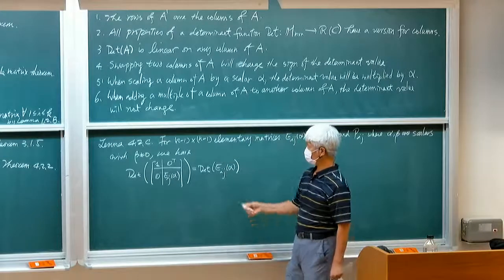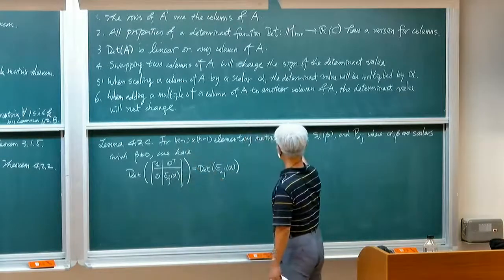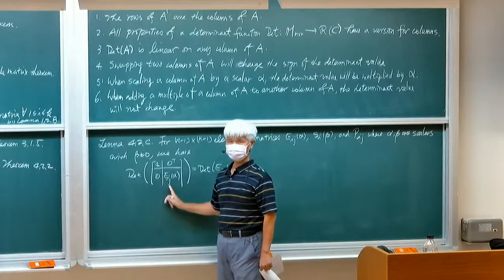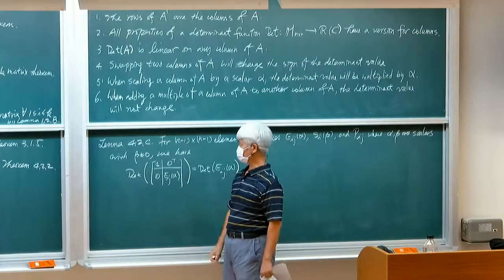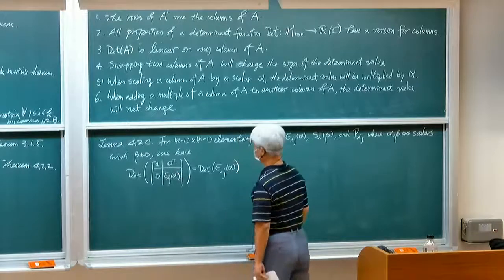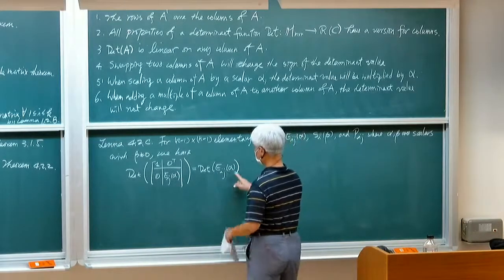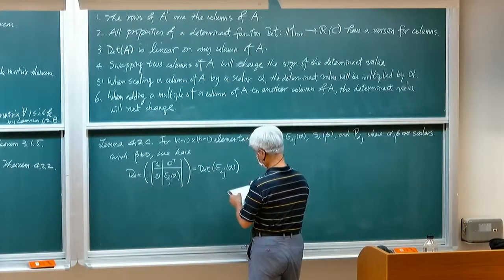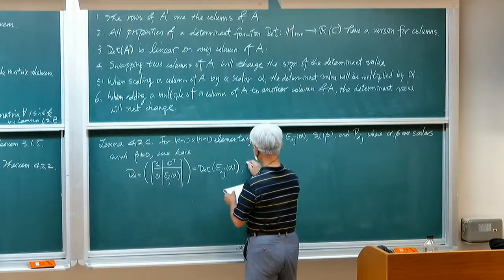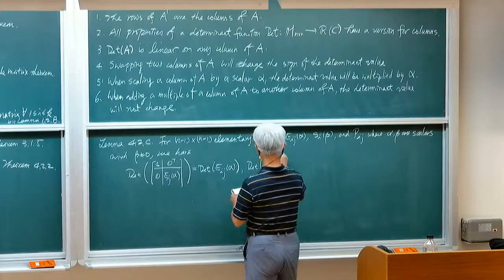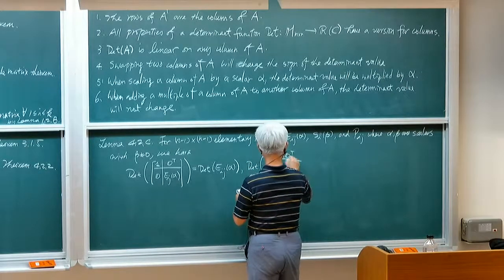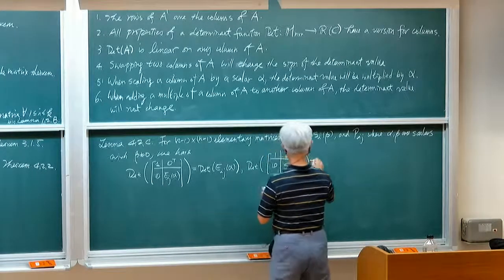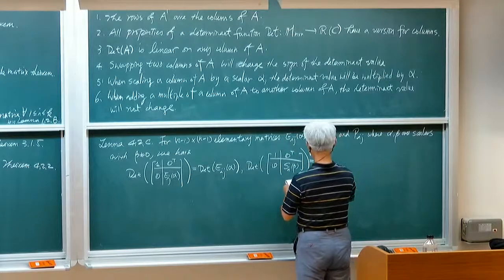So even though we extend the elementary matrix into this one, this matrix is also elementary, and the determinant is equal to 1. I will say that later on. And the determinant of the same thing, we got the same.